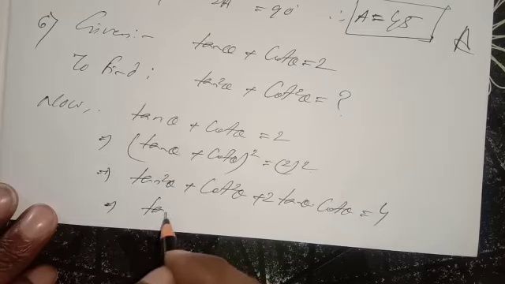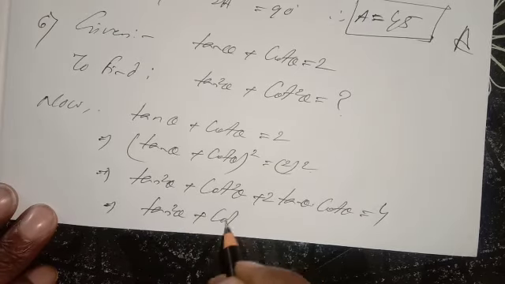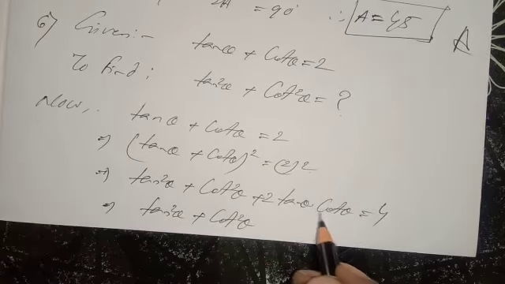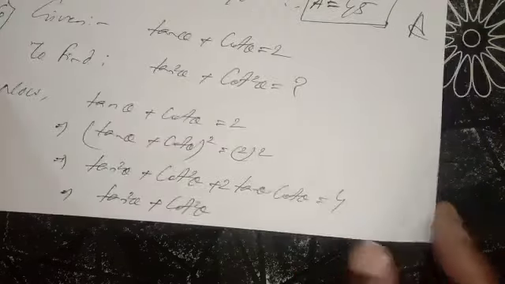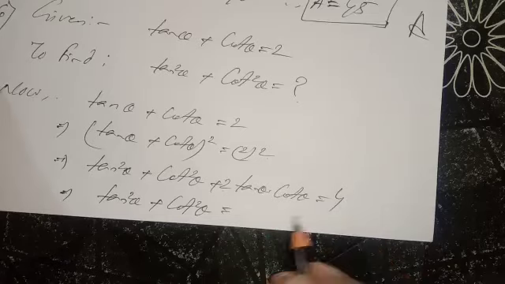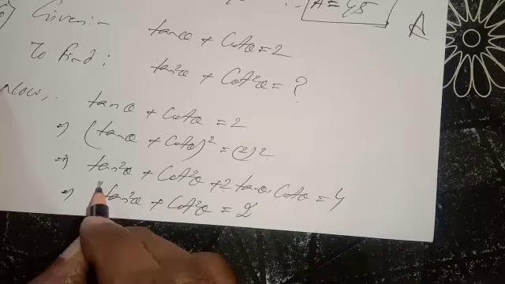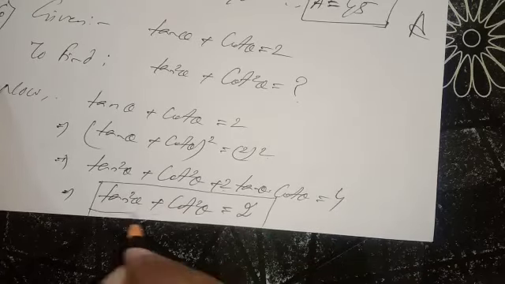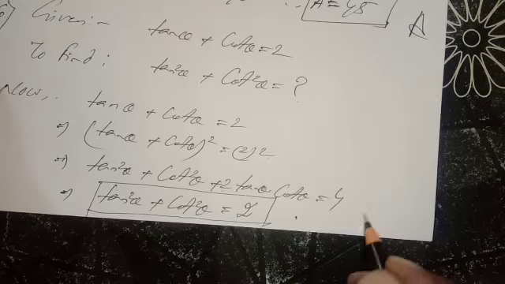So finally getting tan square theta plus cos square theta. Tan theta into cot theta is 1, that will become 2. 2 you take that side. That means 4 minus 2 is how much? 2. So what is the answer? The answer is tan square theta plus cos square theta is equal to 2. In this way, this question also complete.